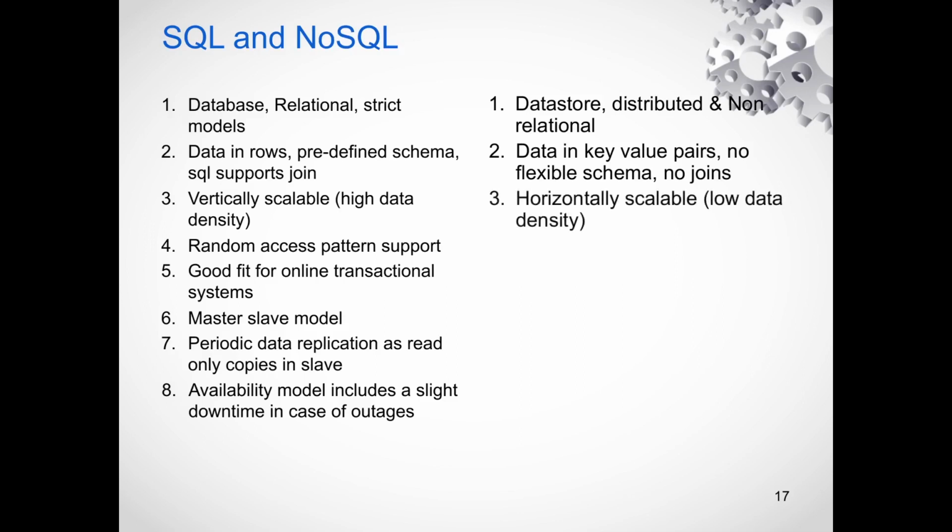It's horizontally scalable. Compare that with RDBMS. And here's a key term that we must keep in mind: low data density. What this basically means is when we create a Cassandra cluster, the objective is divide and rule. Divide the data among many small commodity class machines and rule your data.